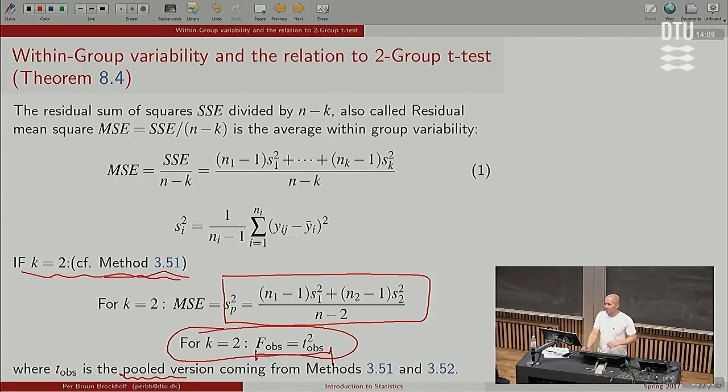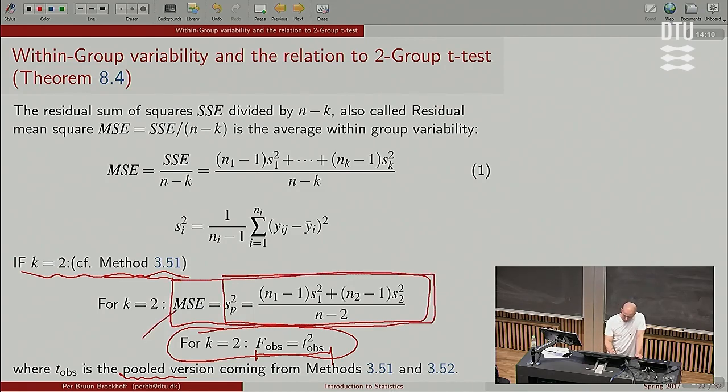They are exactly the same in this way. The F is the squared t and the p-values would be mathematically exactly the same. There is a point to be made here for you to think about. I said it already, but here it is explicit.